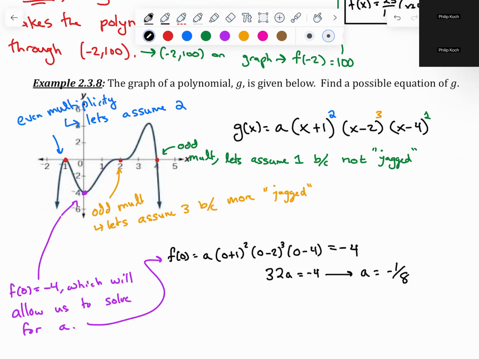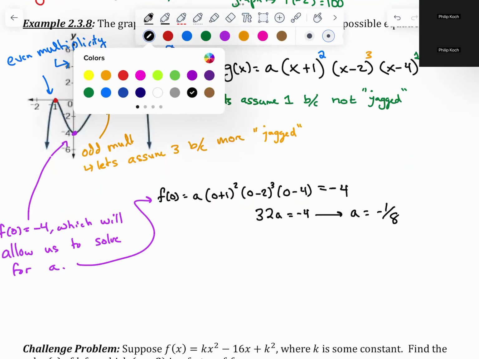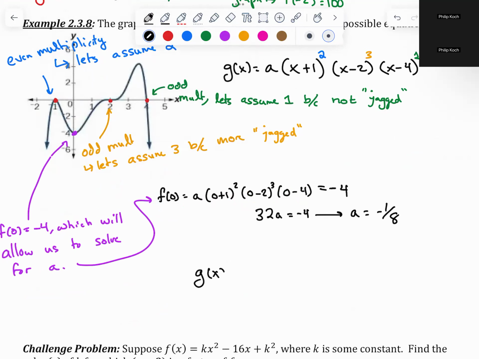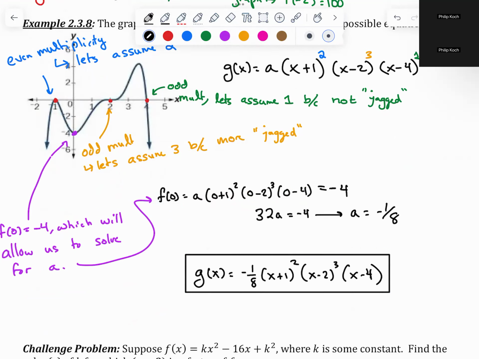So we've got it. Therefore, g of x is equal to -1/8 times x plus 1 squared times x minus 2 to the third times x minus 4 to the first power. If this was a question on the exam, you can make it whatever you want.